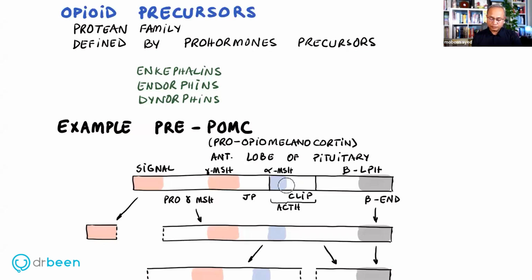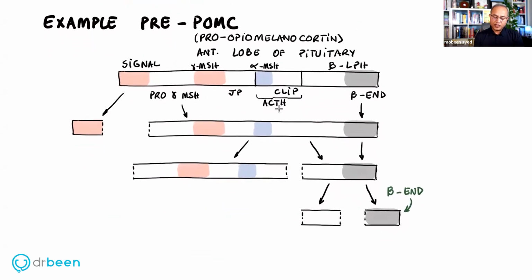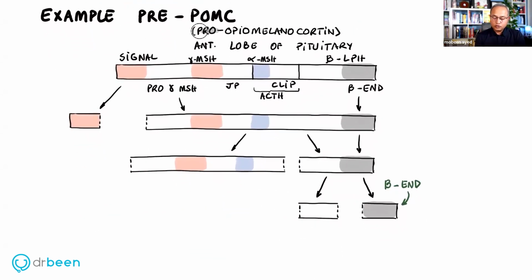I'll give you one example. This example is POMC, with P standing for pro, and OMC standing for opiomelanocortin. You can probably see in the name, it will make something opioid-like. Then it is also a precursor for melanin-type substances and adrenocorticotropic hormone, so cortin is there as well.